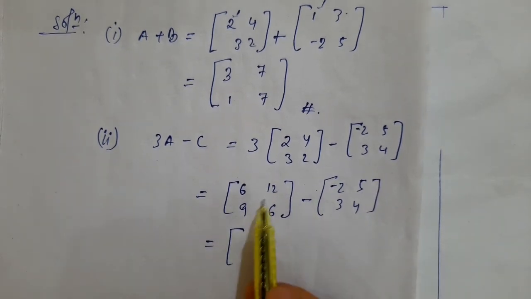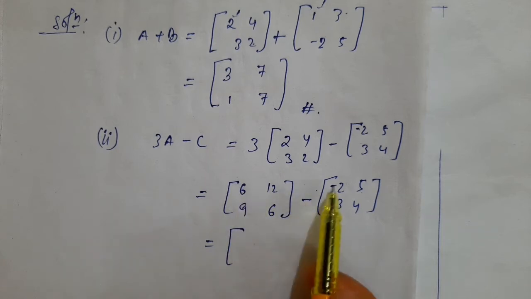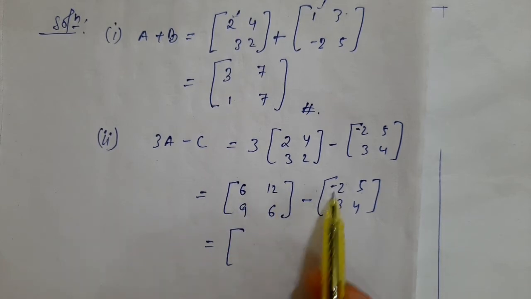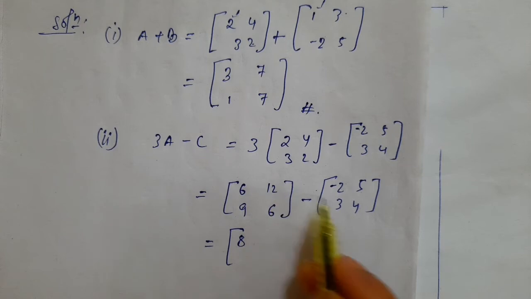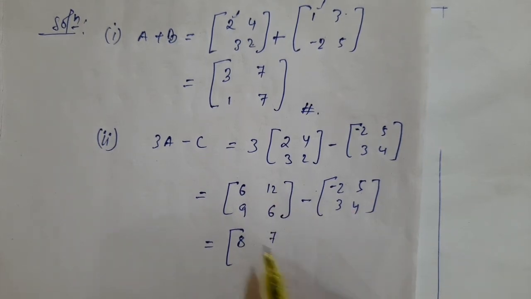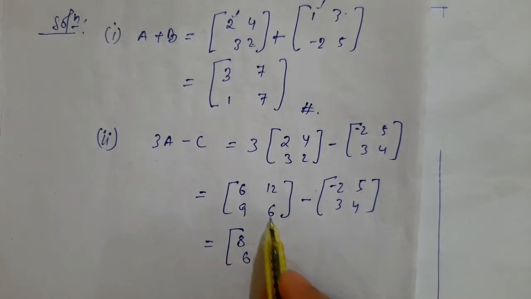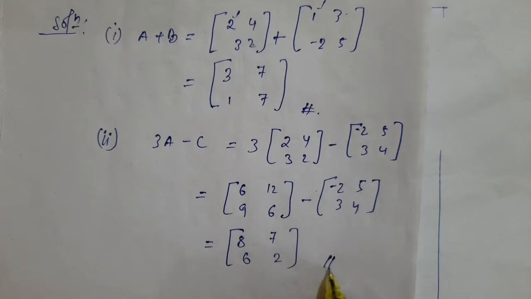What is the difference of these two matrices? We already discussed how we can find the difference of two matrices. 6 minus minus 2, that is 8. 12 minus 5, 7. 9 minus 3, 6. 6 minus 4, 2. That is the result.